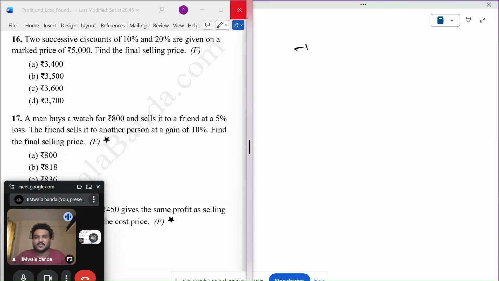Two successive discounts of 10% and then 20% are given on a marked price of 5,000. Find the final selling price. Simple. I don't care about whatever this number is.